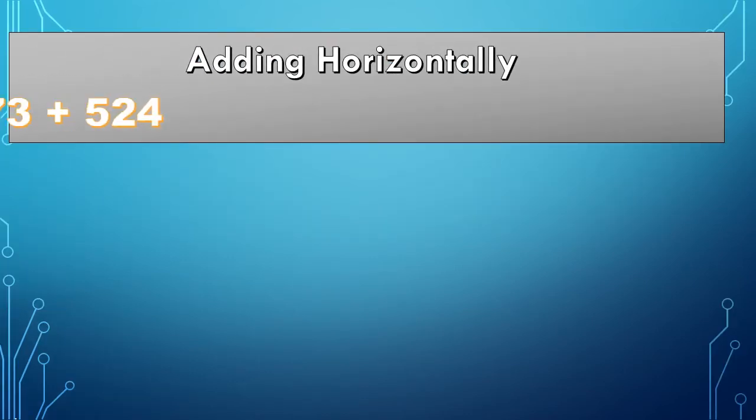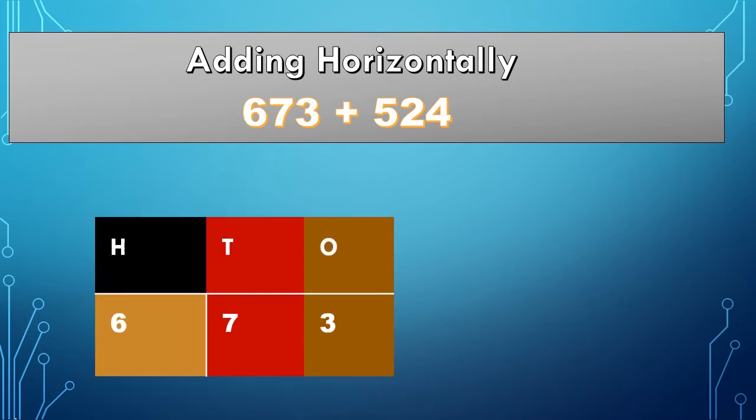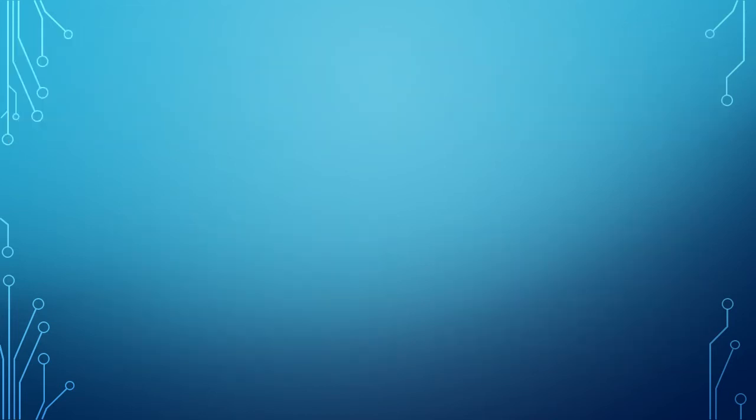Let's learn with an example. The numbers 673 and 524 have to be added horizontally. That means, as you know the place values of the numbers, we can proceed ahead. You put them according to their place values.